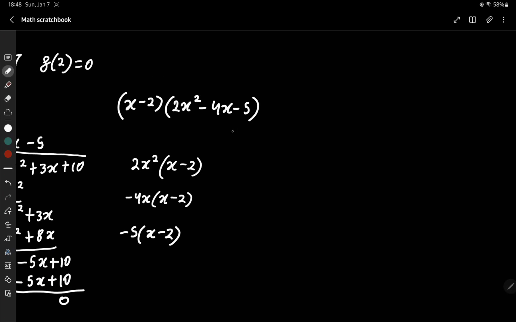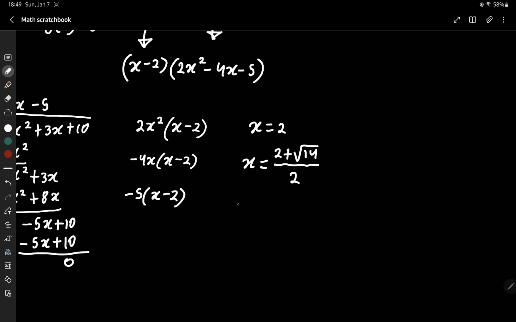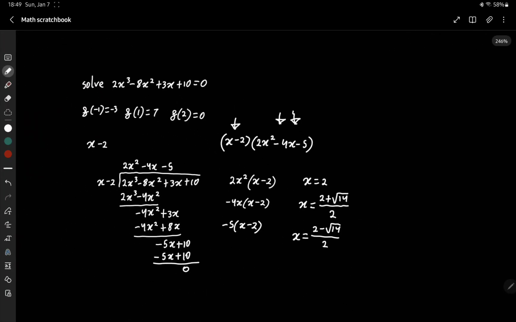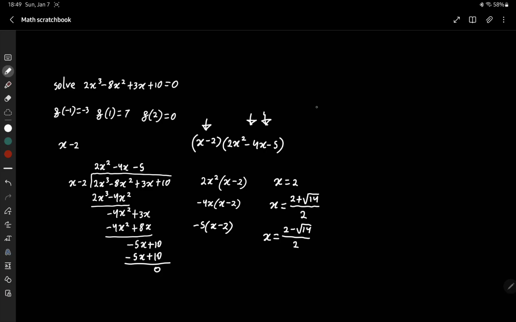And what you should get is, x equals 2 for this first expression, and then x equals 2 plus square root 14 over 2 for one of the solutions for this quadratic, and the second solution would be x equals 2 minus square root 14 over 2, and that gives us both solutions to this quadratic.